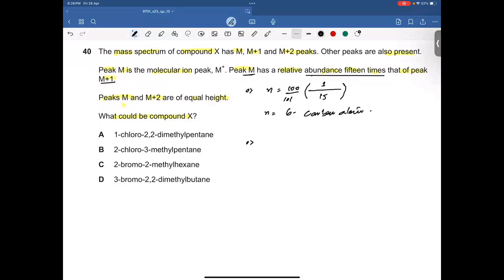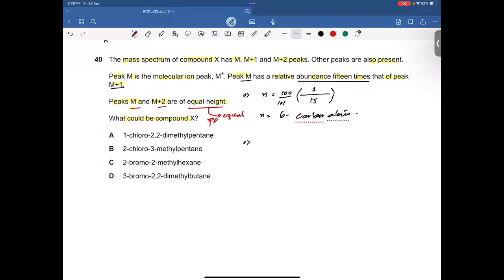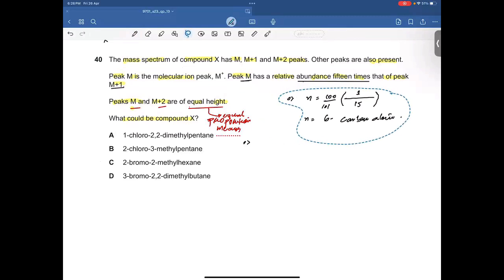On top of that, one more thing. This compound has M and M+2 of equal height. Equal height means equal proportion, and equal proportion means presence of bromine.